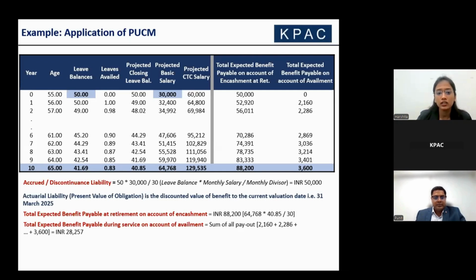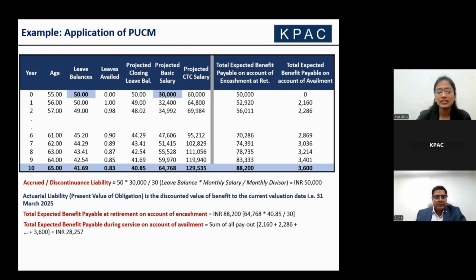Second is the total expected benefit payable during service on account of availment, which is coming out to be 28,257. This is the total estimated cost for leaves the employee is expected to take but not cash out during his working years.